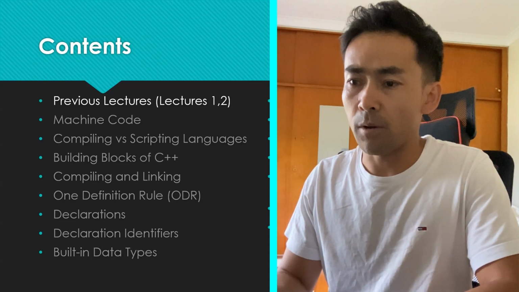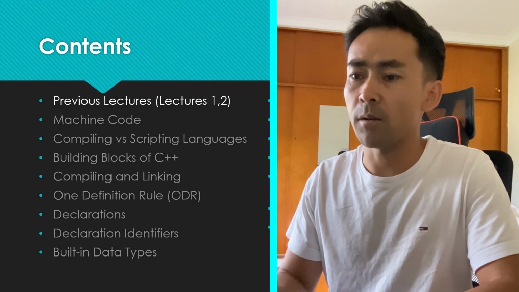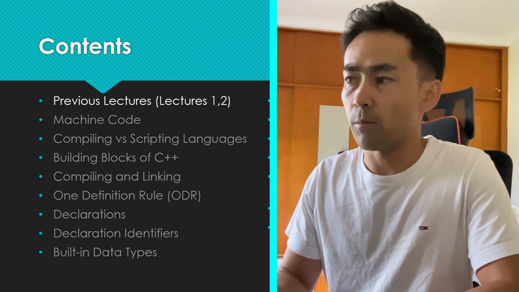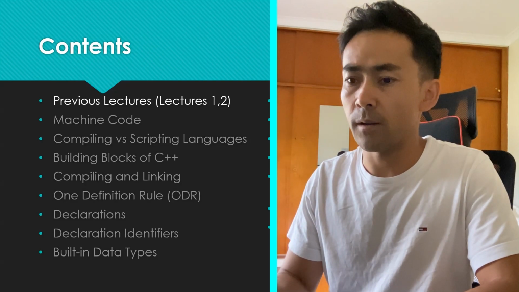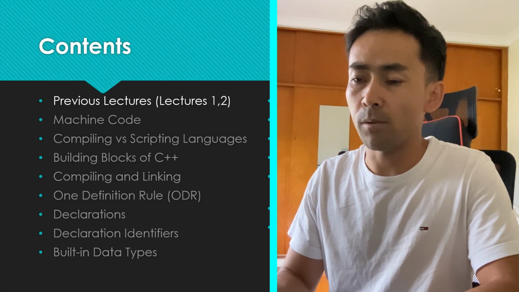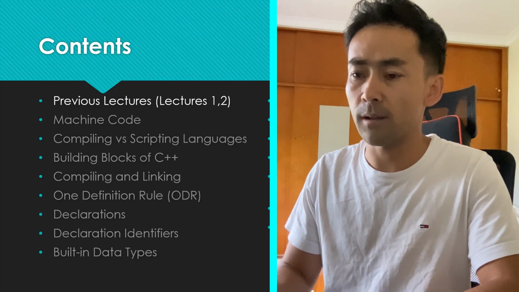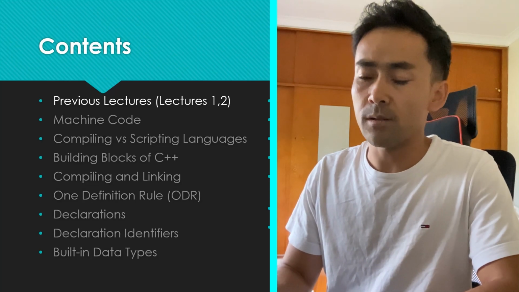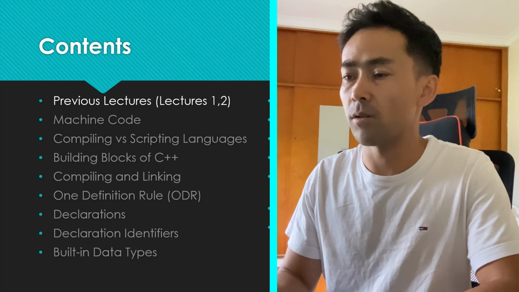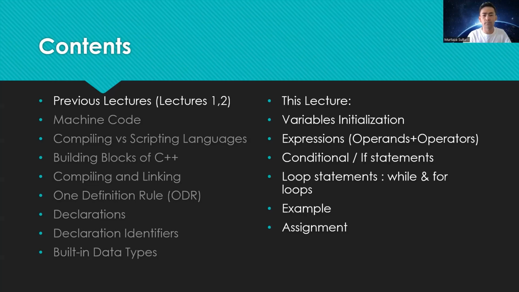We also talked about compiling and linking, compiler errors and linker errors, the one definition rule, and declarations: how we declare variables and functions in classes, as well as declaration identifiers and built-in data types.